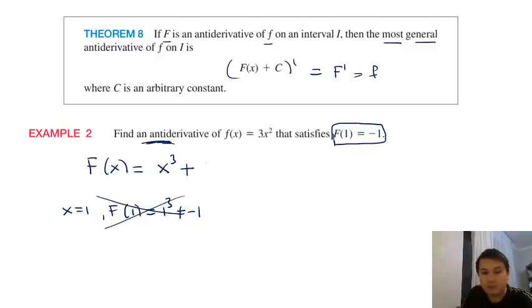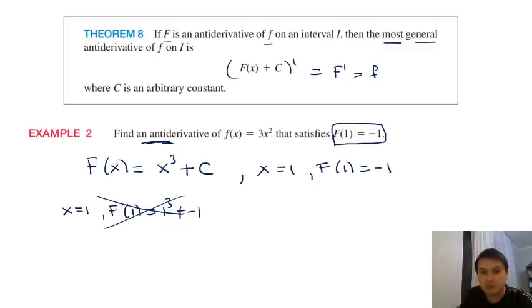So what do we do? Well, we say, okay, let's look at the most general form, right? Then x cubed plus a constant c is an antiderivative of 3x squared. Now we try to find for which c we have this initial condition satisfied. So again, what does that mean? It means if x is 1, then F of 1 is -1.